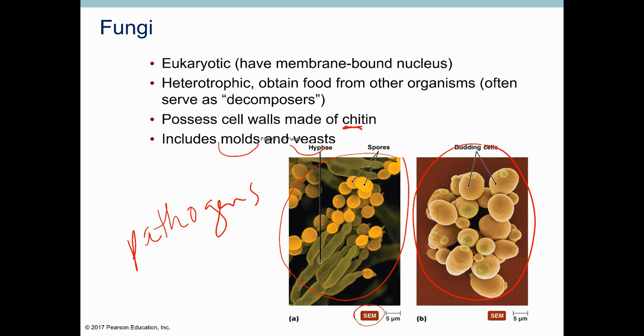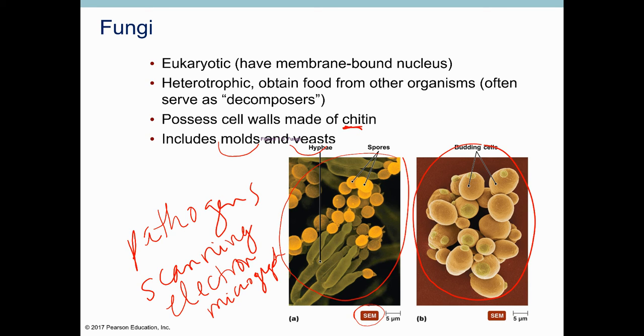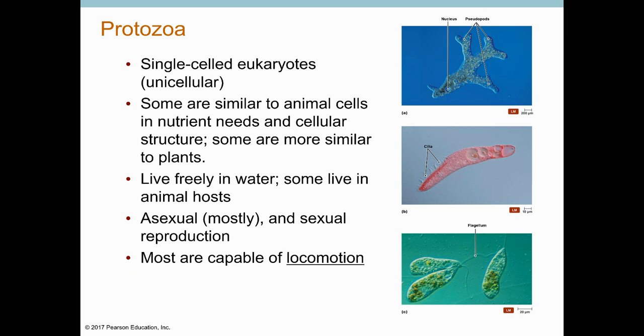This little symbol stands for scanning electron micrograph. It's a photograph made by using a scanning electron microscope, and we'll talk about that a little bit later. You can see the legend gives you a 5 micrometer measurement, so these are small.